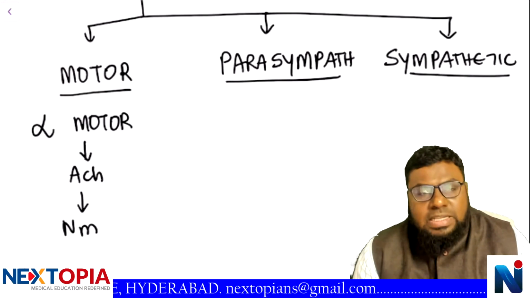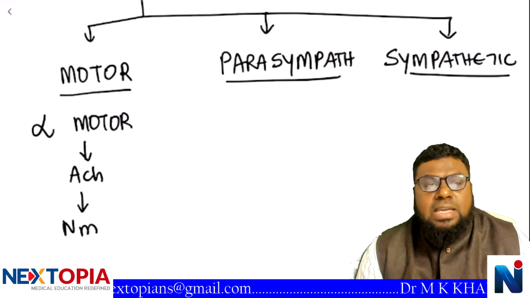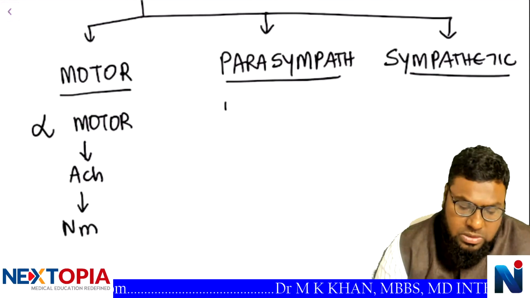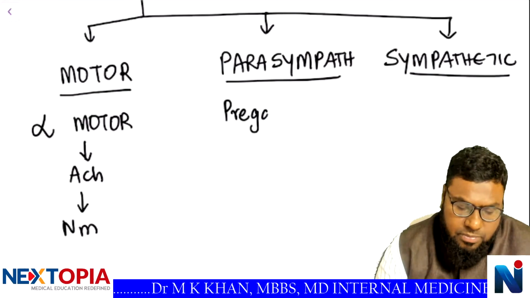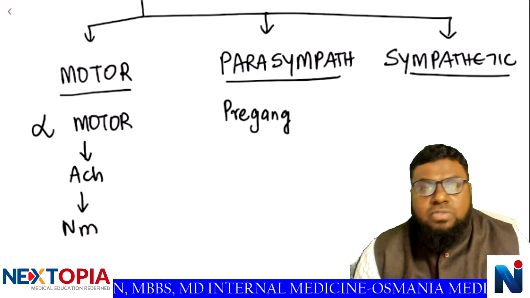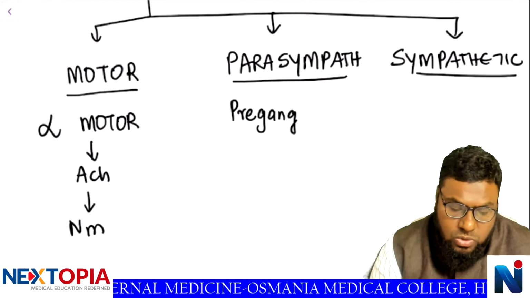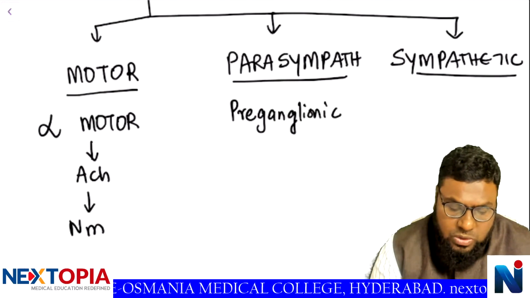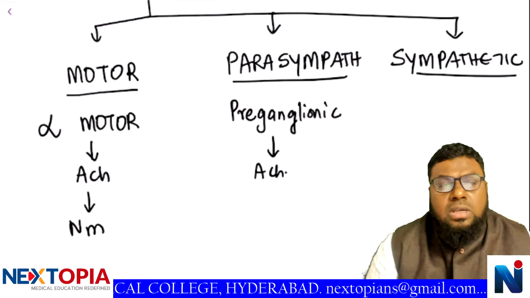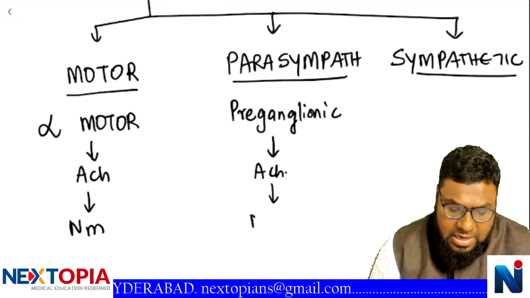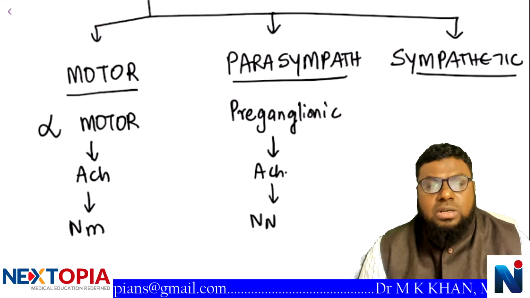We have parasympathetic fibers. Here we have preganglionic neurons. Preganglionic neurons release acetylcholine. Ganglion is nothing but a group of cell bodies. This acetylcholine binds to the NN type of receptors to bring about an action.